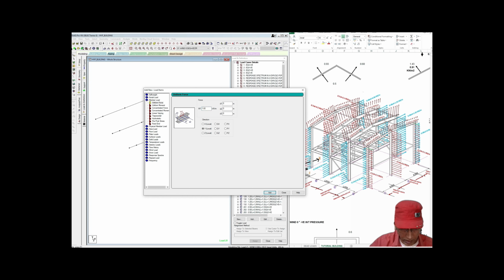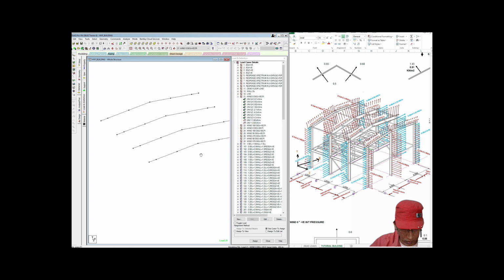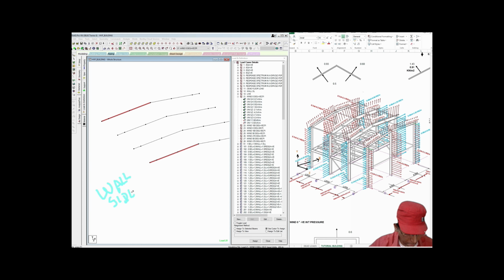Add, then 3.64, add. 1.82 will be on the global rafter on the wall side A. This is wall side A. Assign to the selected view.